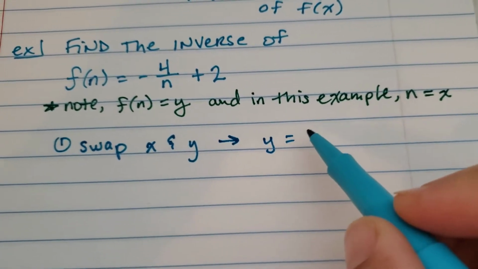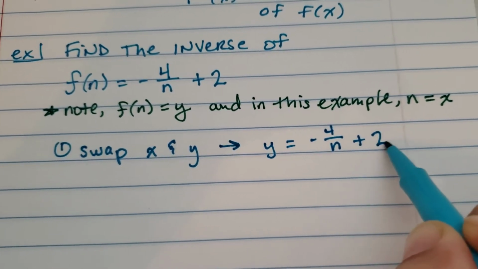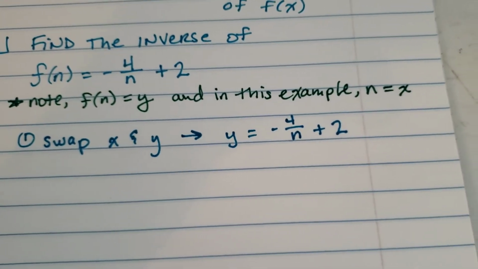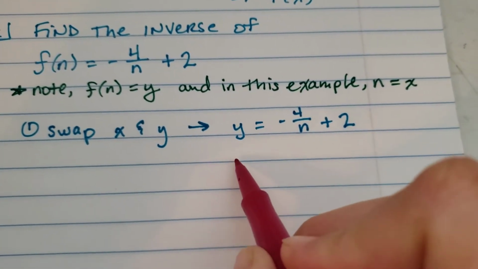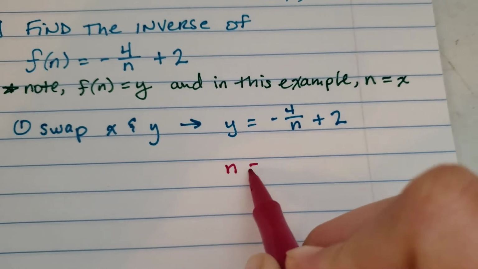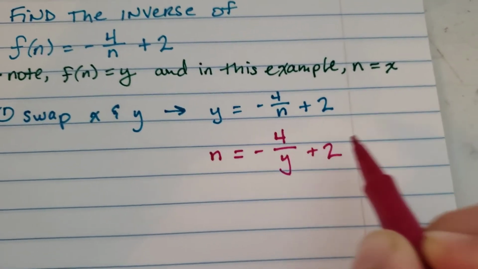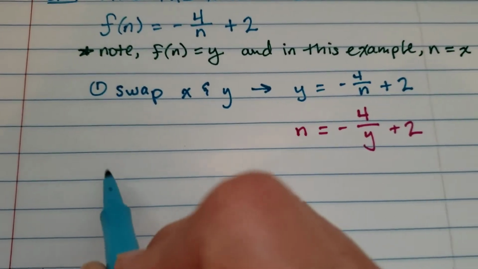Y equals -4 over n plus 2. Now what I'm swapping is the y and the n. So it's going to be n equals -4 over y plus 2. That's step 1.